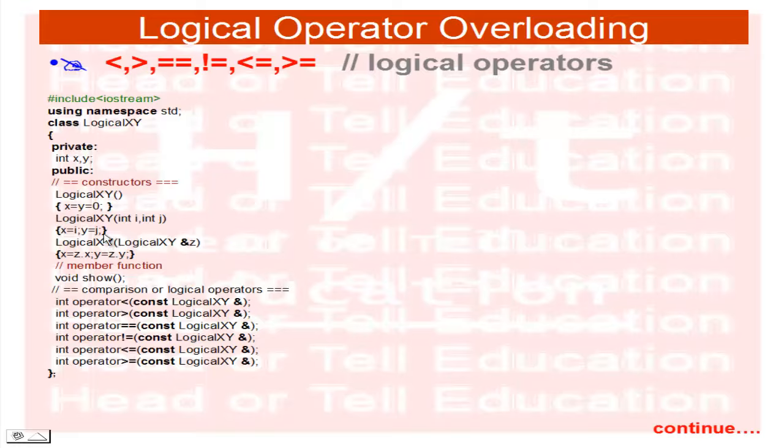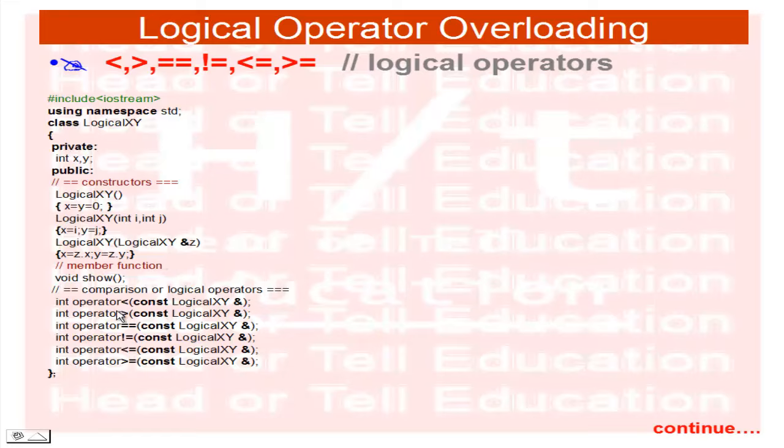The zero argument constructor sets default value 0 and the two argument constructor sets values for both variables. I have also created a copy constructor to copy the object value. One member function is void show to print the variables.